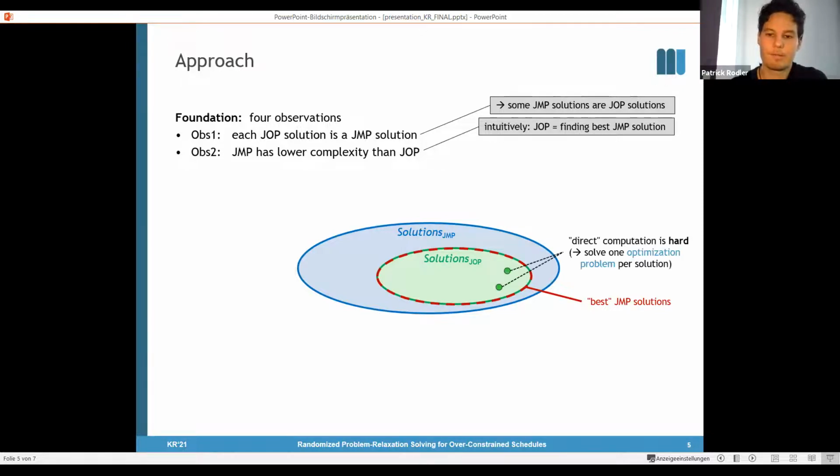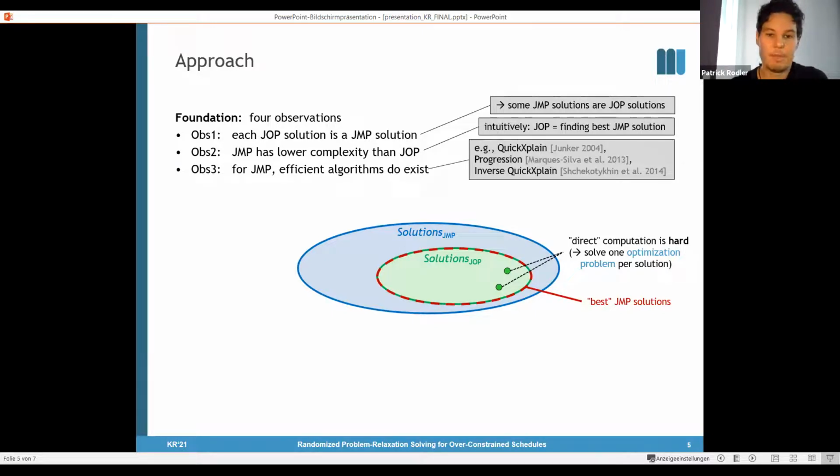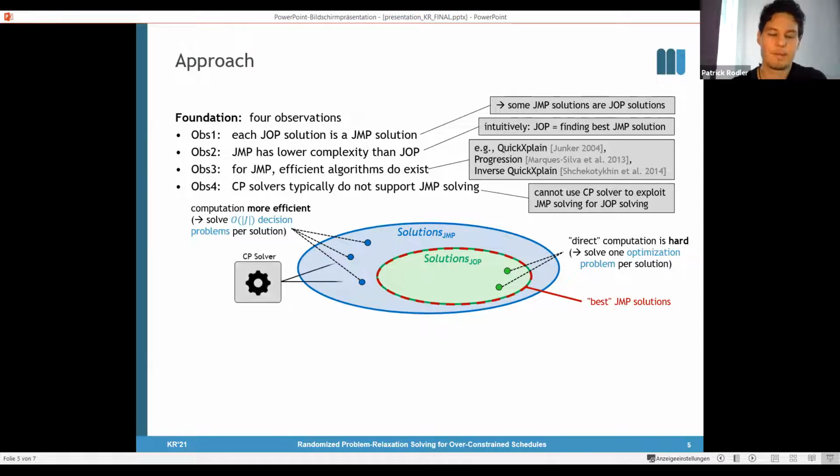So it requires us to solve one NP-hard optimization problem to come up with a JOP solution. On the other hand, for JMP, we have efficient algorithms which require only a linear number of calls to a JSSP decision oracle. So computing JMP solutions is more efficient. And the last observation is that CP solvers typically do not support direct JMP solving.